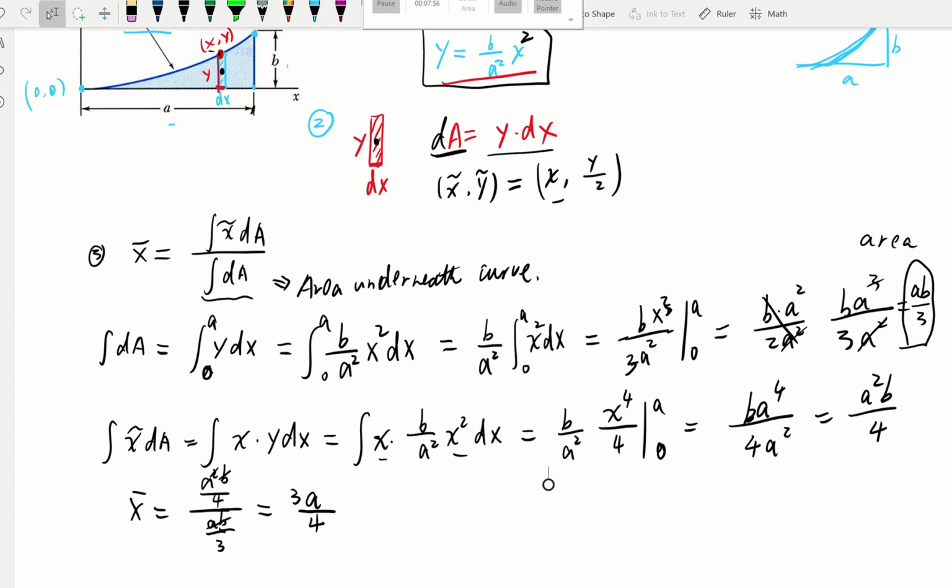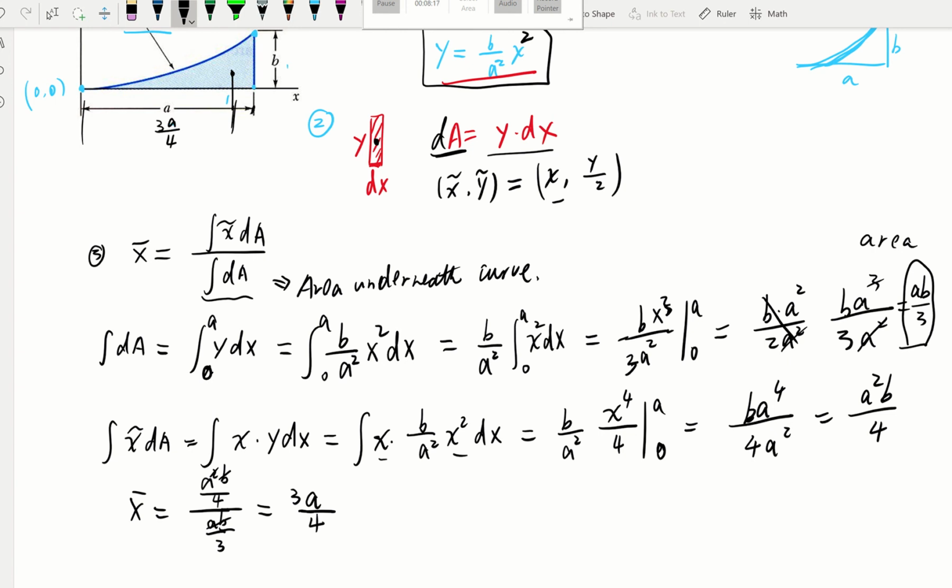So where is that located? Which means, if I were to draw this x centroid, if the centroid is here, my x coordinate here is going to be 3a over 4.